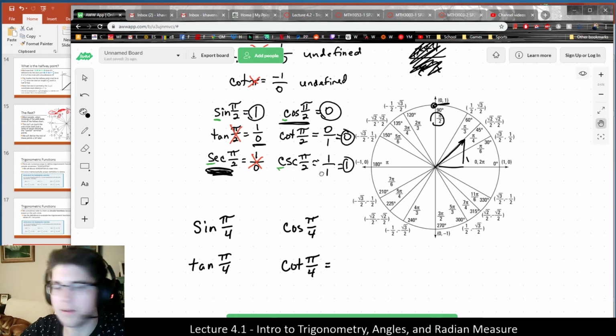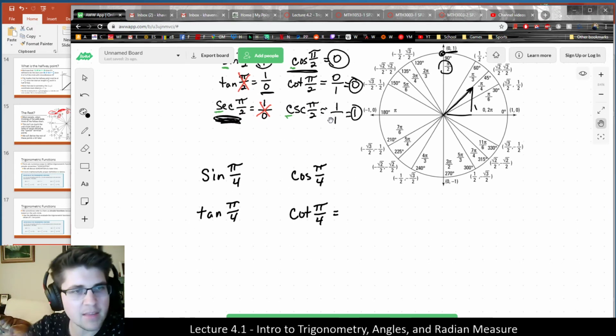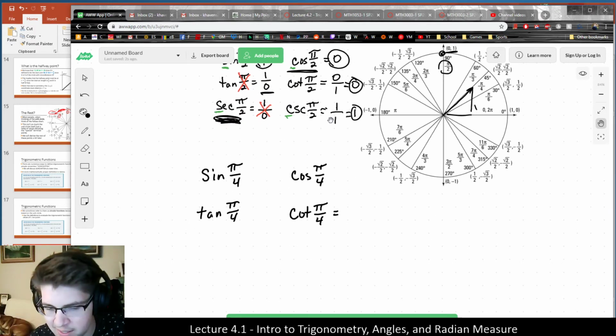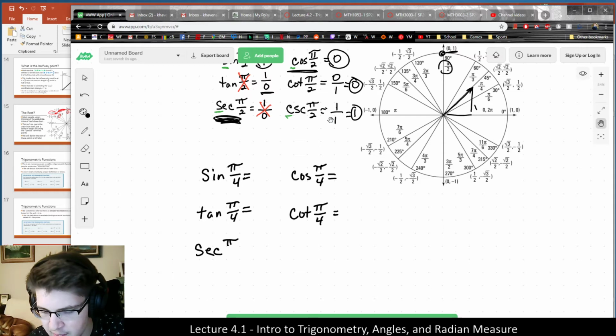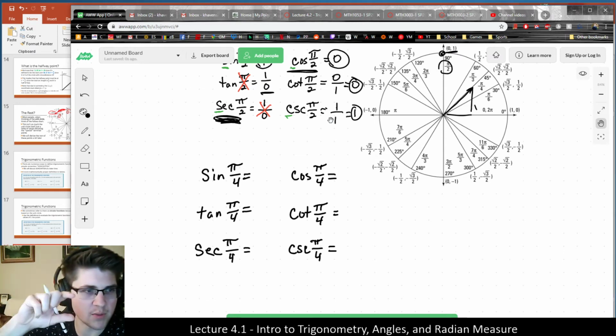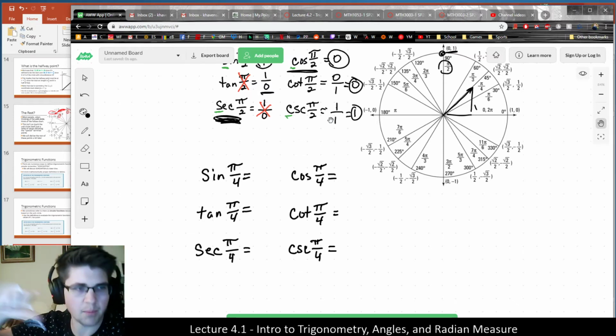I want to do enough examples to where it's making sense what I'm doing and how we evaluate them using the unit circle. But really, knowing your unit circle and remembering which trigonometric function is which are the keys, and obviously the correspondence between t and the point.